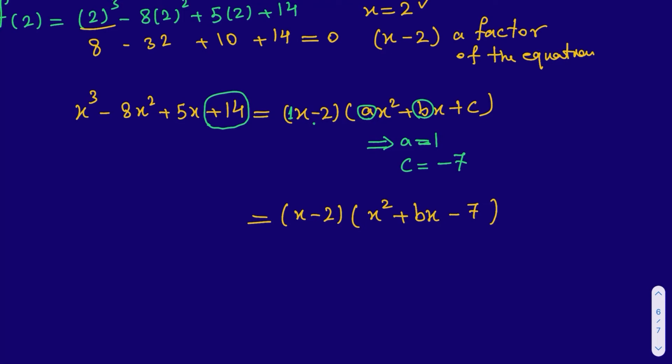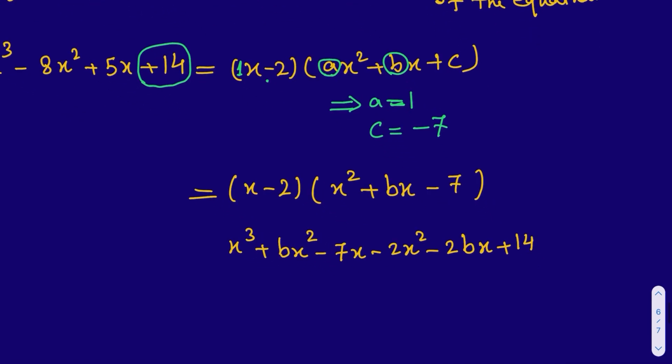So let's multiply that very quickly, and we will get x to the power of 3 plus bx to the power of 2 minus 7x minus 2x squared minus 2bx plus 14. So if we multiply these two terms, we will get this.